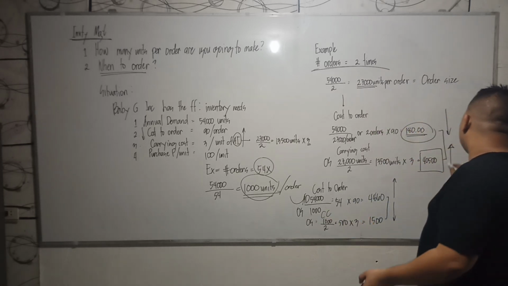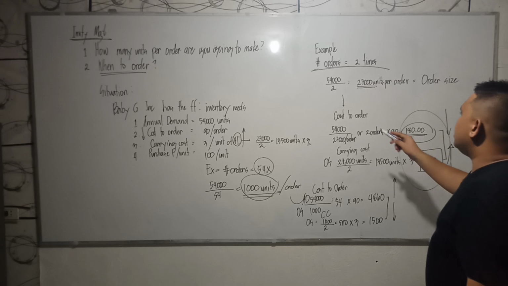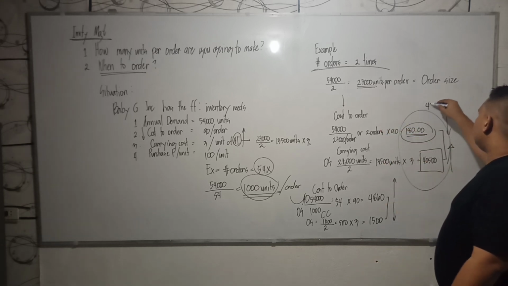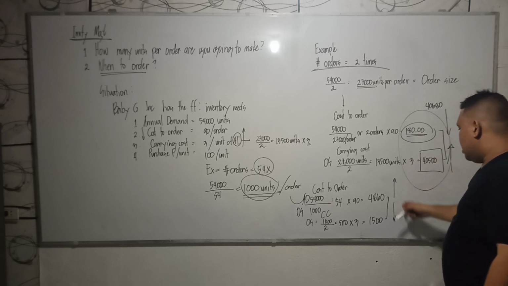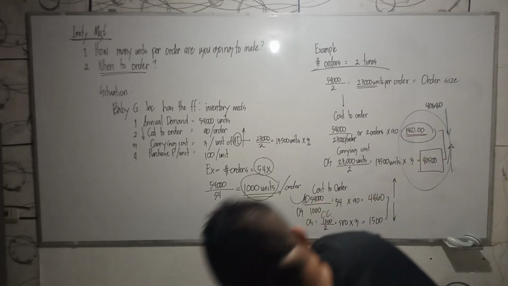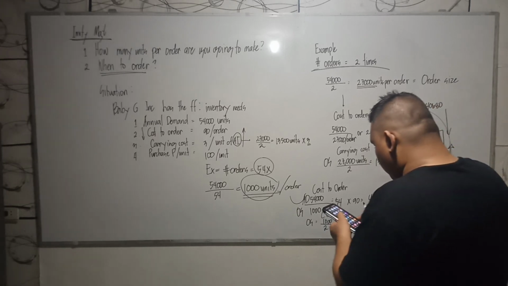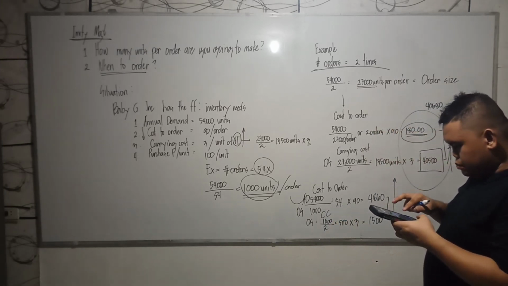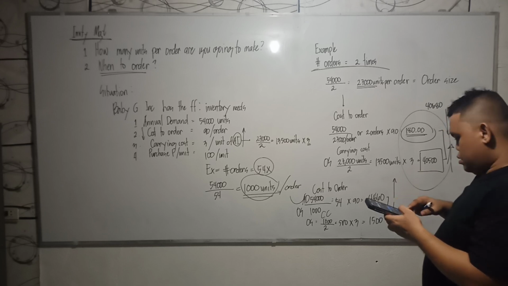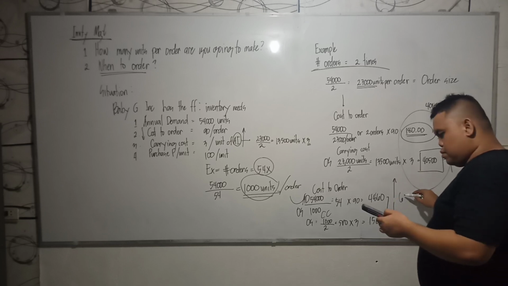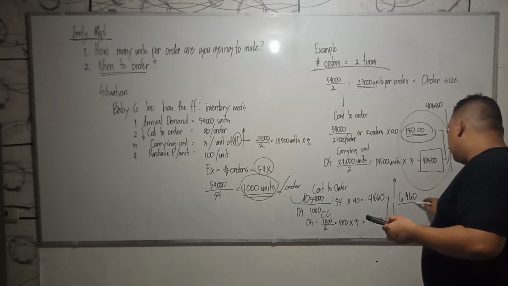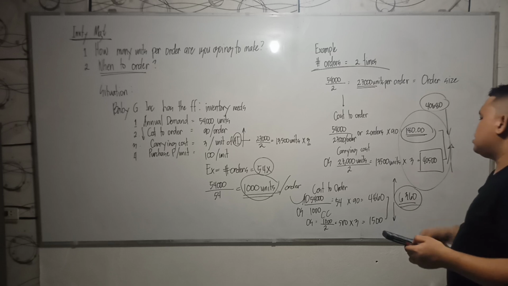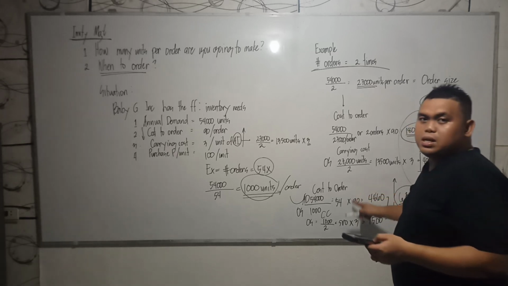So the total cost here, when we decided that we're going to order only twice, is 40,680. How about here? For 4,860 plus 1,500, that is 6,360. So there is a big difference between this one and this one. However, as I've told you, this is not yet the optimal solution.